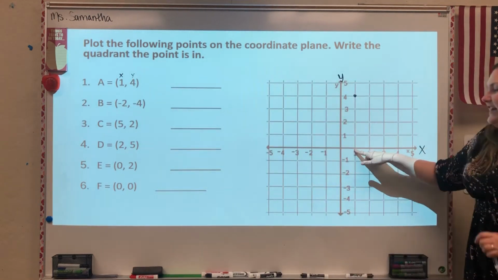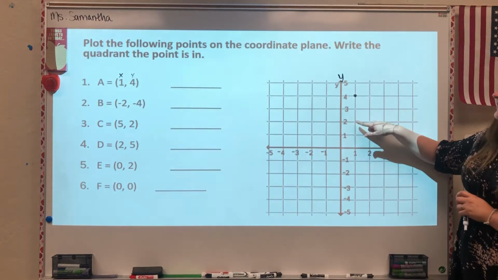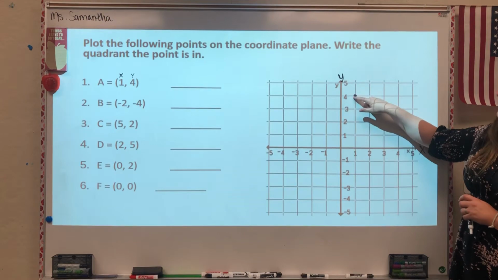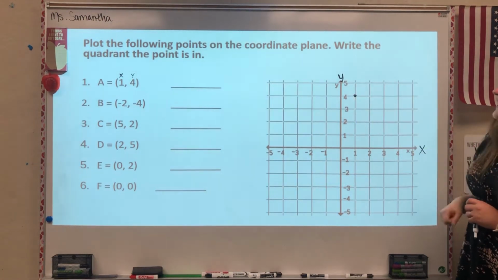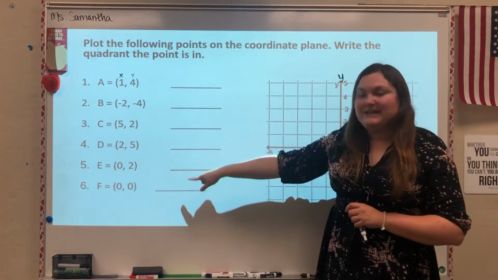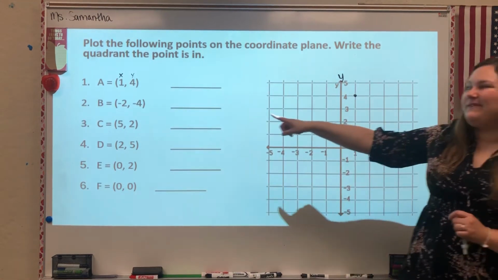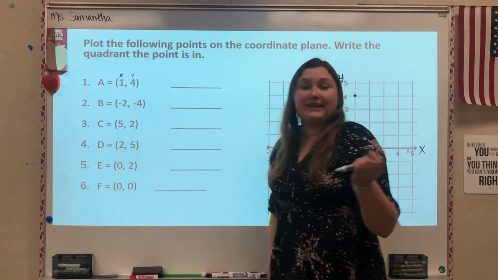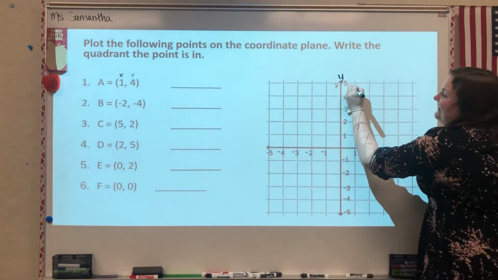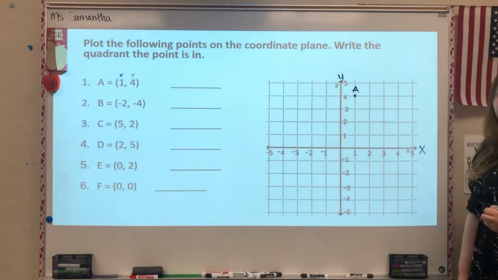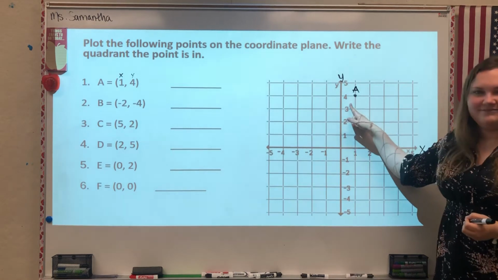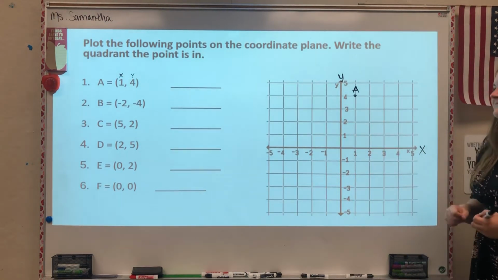So I could start here and I could count 1, 2, 3, 4, and put my point there. Now there's a lot of points we're going to end up doing, so to help me keep track of which point is which, that's why we've got these letters here. I'm calling that first point A, so I'm going to go ahead and label this point with an A so that I know later on that's where the point ended up being.